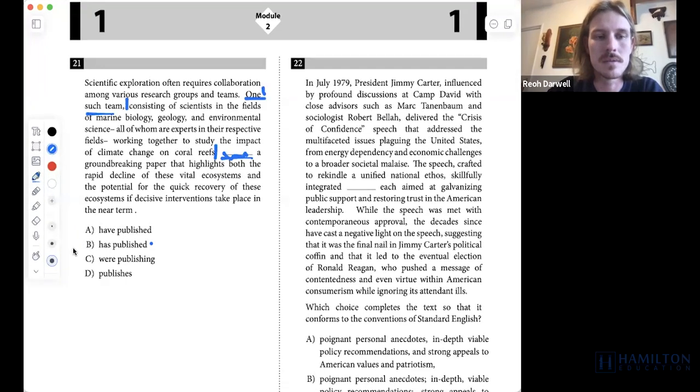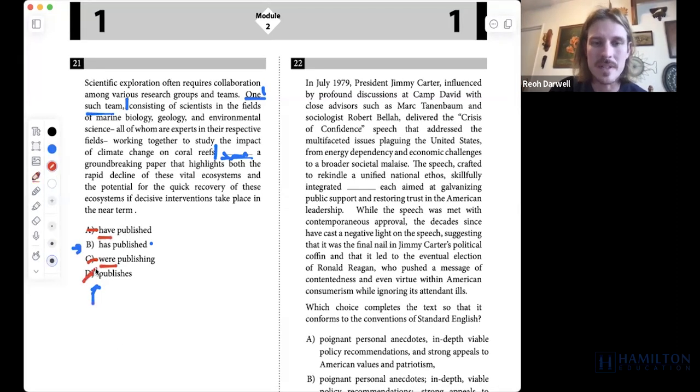Well, B. "Were" is plural, past tense. "Have" is plural in this progressive tense. Now, we also have a singular option, "publishes," in the simple present.